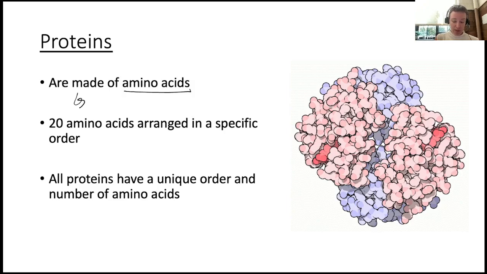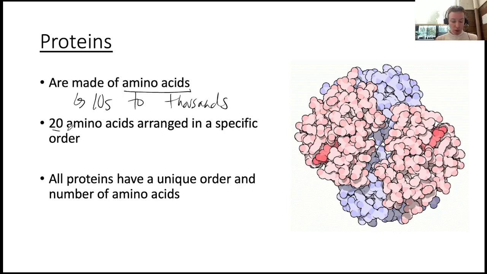And there can be really tens of amino acids to thousands of amino acids that make up a protein. So they can be very, very small proteins like the peptide insulin in your body, or they can be very, very large proteins like the protein, I believe the one that's here on your screen is hemoglobin, that makes your blood cells red.